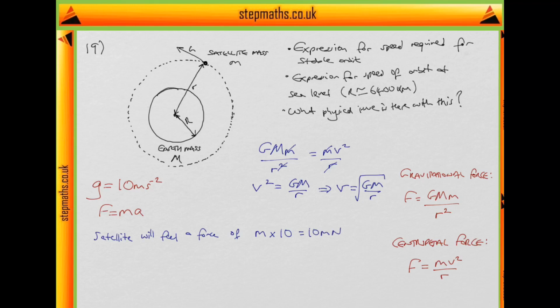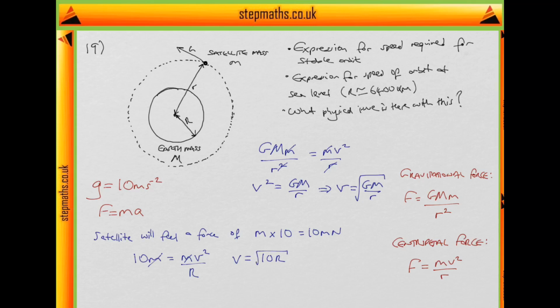It is this force that is providing the centripetal force. So equating again, 10m is equal to mv squared over, this time, capital R, because it's on the surface of the Earth. Cancelling off our m's, v is the square root of 10R.